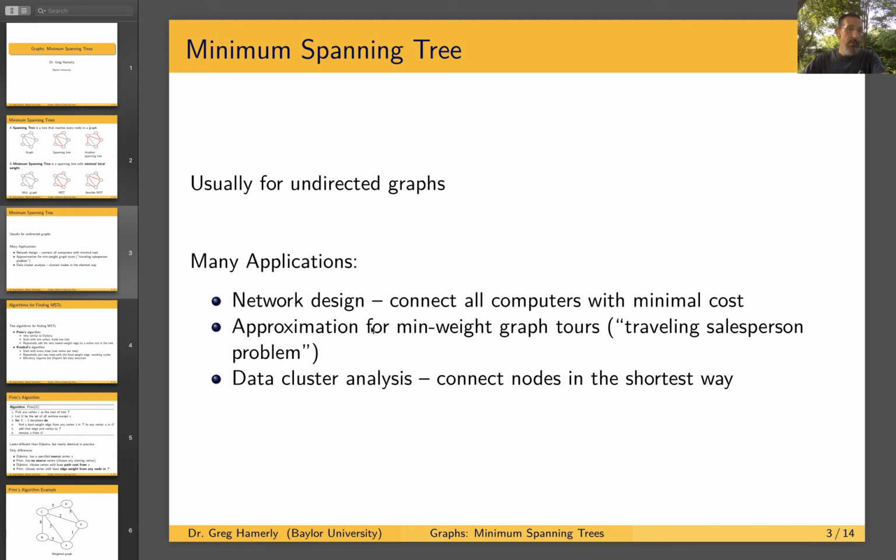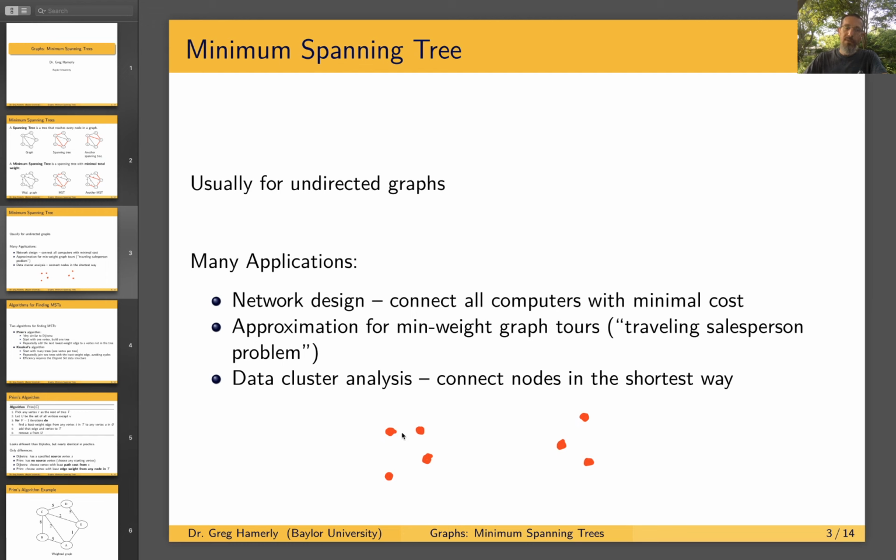You can also use minimum spanning tree as an approximation algorithm for classical graph problems like the minimum weight graph tours, like the traveling salesperson problem. Also, you can use minimum spanning trees when you're doing data cluster analysis. If you had a bunch of data points like this, this is up my alley because this is research that I do work in.